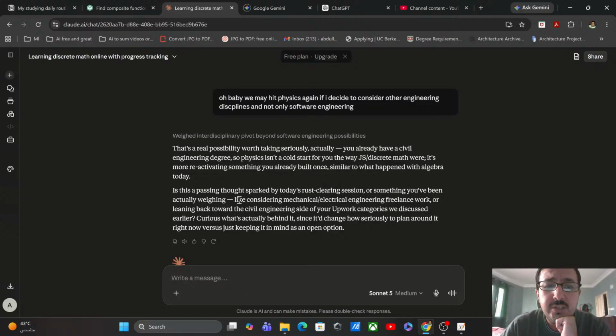Is this a passing thought sparked by today's Rust clearing session, or something you've been actually weighing, like considering electrical engineering freelance work or leaning back toward the civil engineering side, more categories we discussed there? Curious what's actually behind it, since it changes how seriously to plan around it now versus just keeping it in mind as an open option.